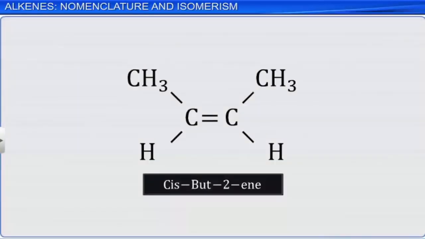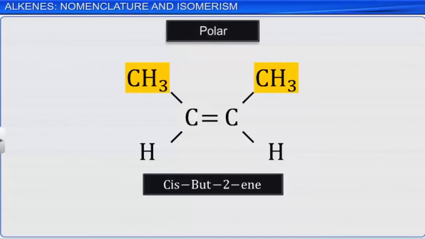This is because in a cis but-2-ene molecule, as the two CH3 groups are on the same side of the double bond, there is a greater CH3 bond dipole on each side, causing distinct positive and negative regions in the molecule. Hence the molecule is polar.